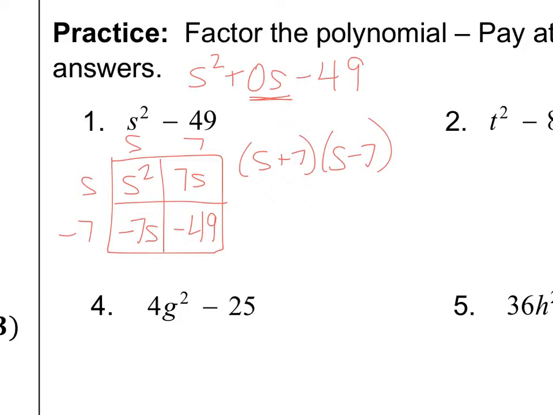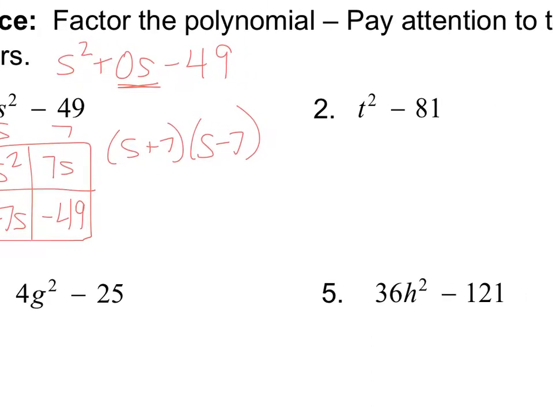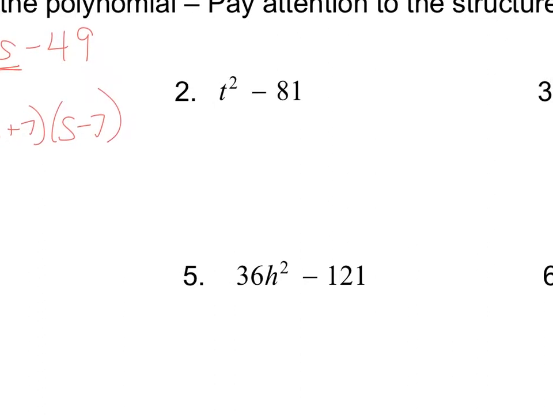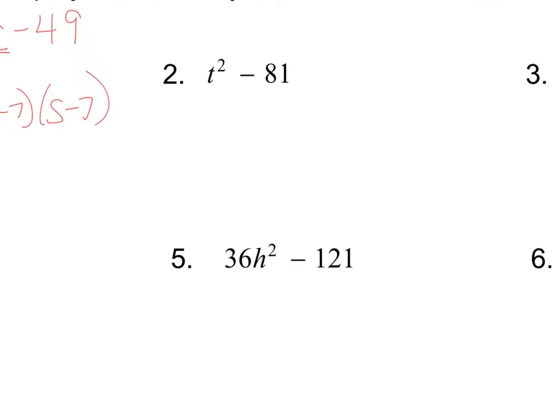Okay, so pay attention to that structure, and let's do number 2. Again, we have a perfect square minus another perfect square. When we put them in, we got t squared minus 81.